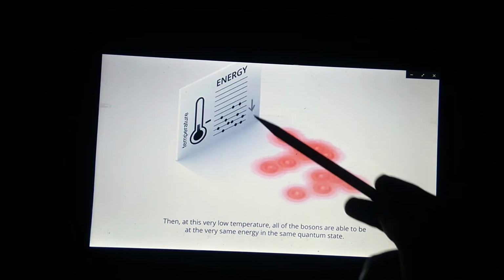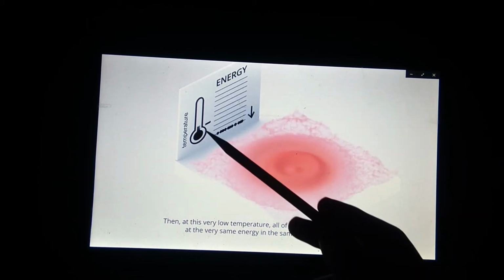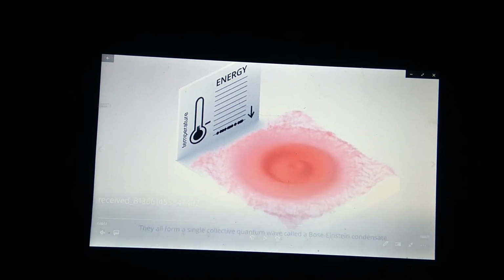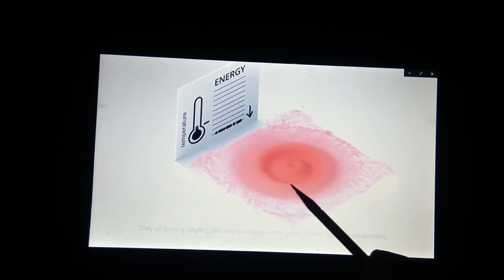These particles are coming down, and near absolute zero they form a single collective quantum wave called a Bose Einstein condensate. So what is Bose Einstein condensation and what is a Bose Einstein condensate? This is now their collective wave.